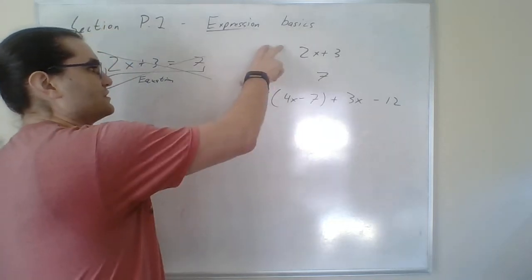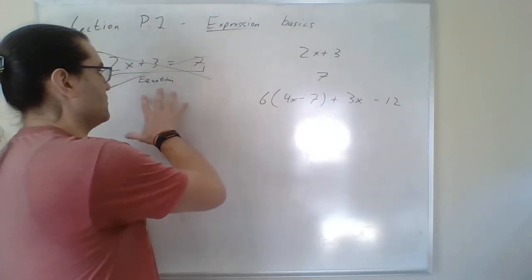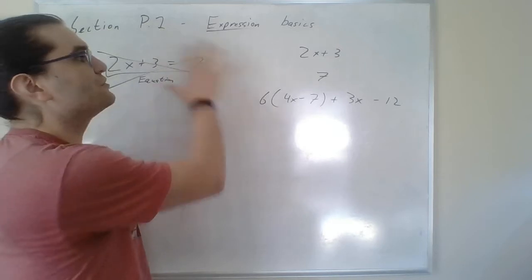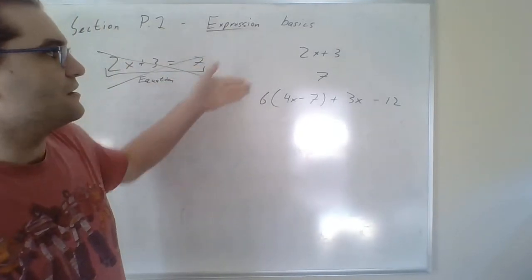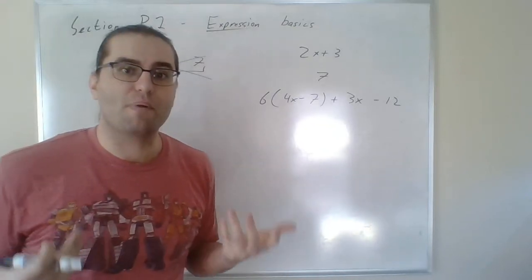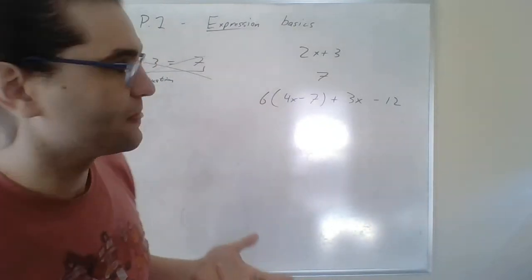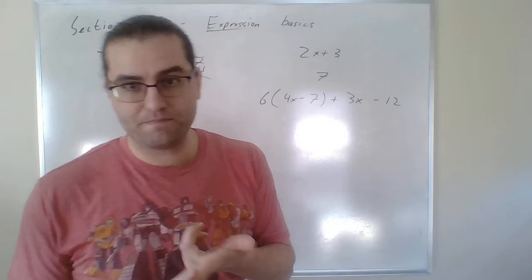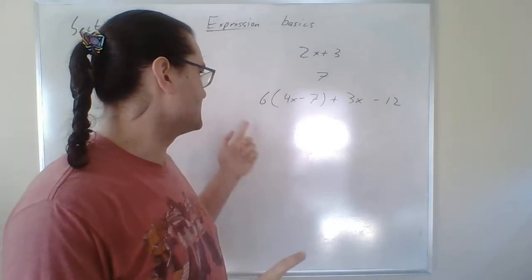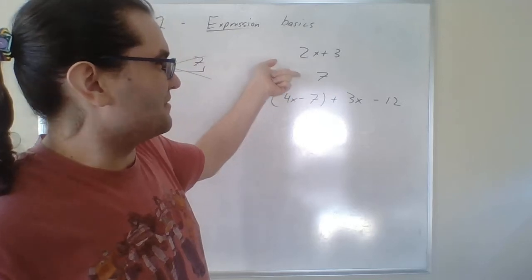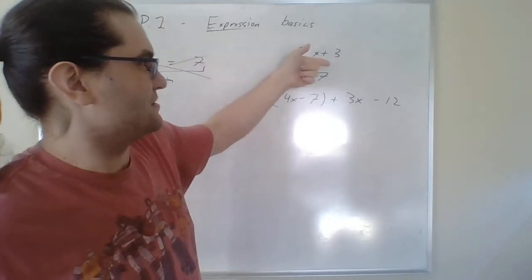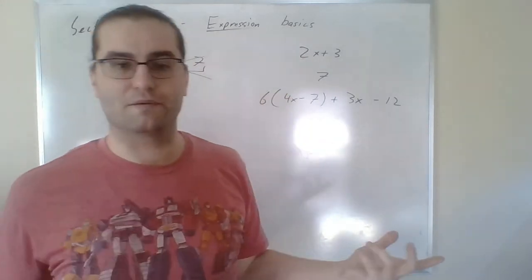With an equation you can do anything you want to, but with an expression, the things you can do are much more limited. You can simplify them, like this bottom one can be simplified. This one can't really be simplified, it's just a 7. This can't be simplified either. The x and the 3 are not like terms, so you cannot combine them.